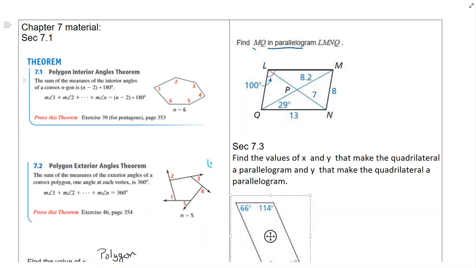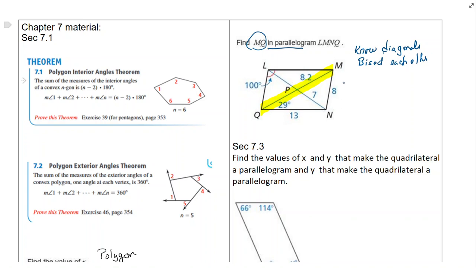And they want to find MQ. All right. Okay. So we know diagonals bisect. All right.